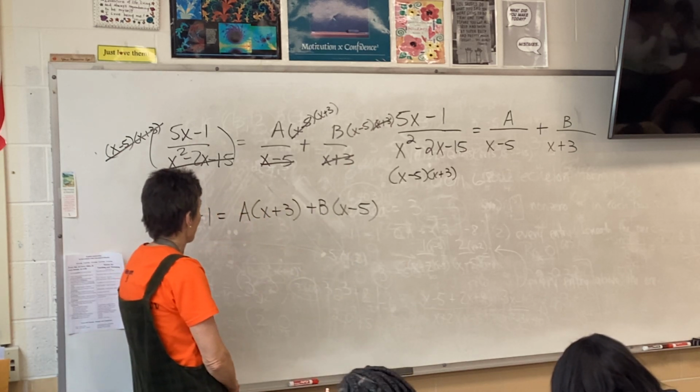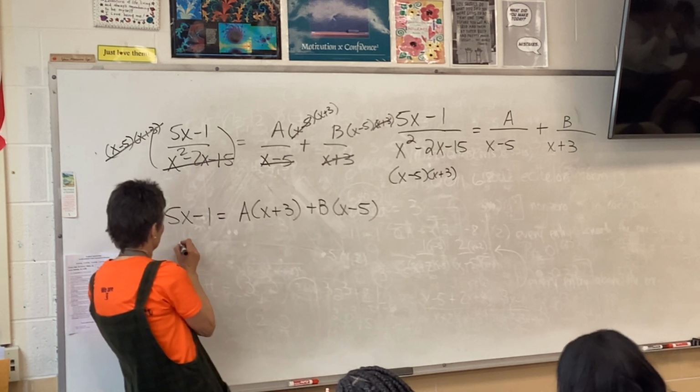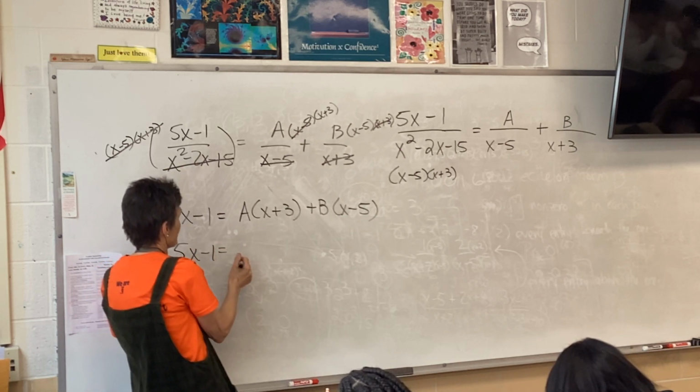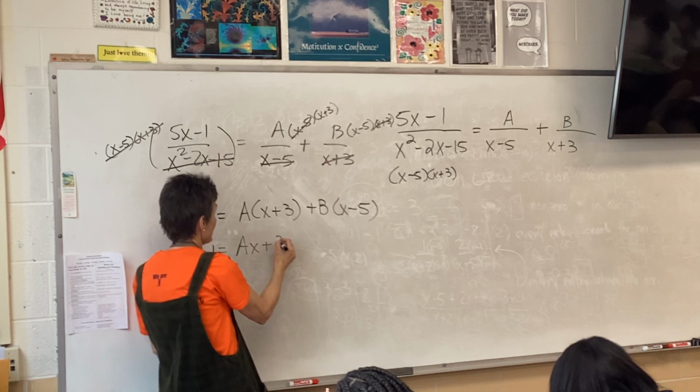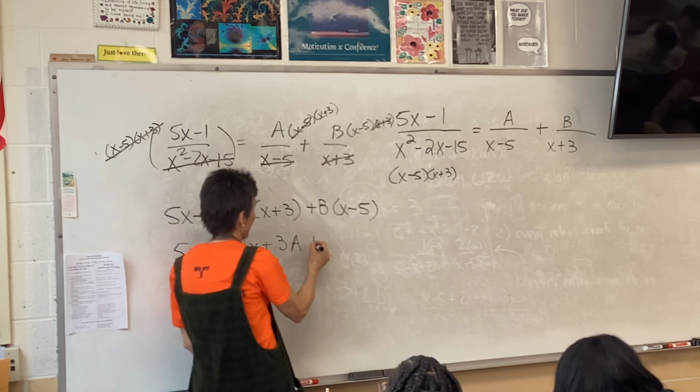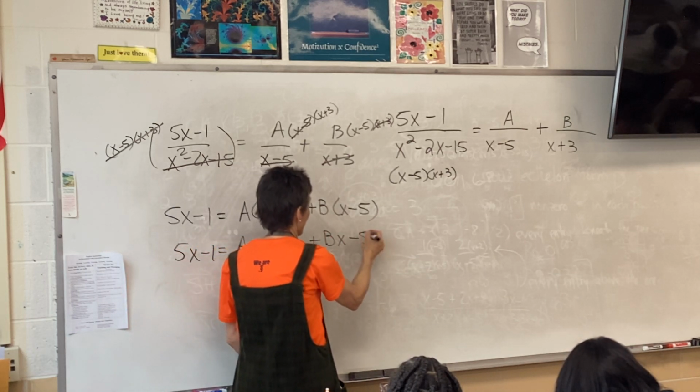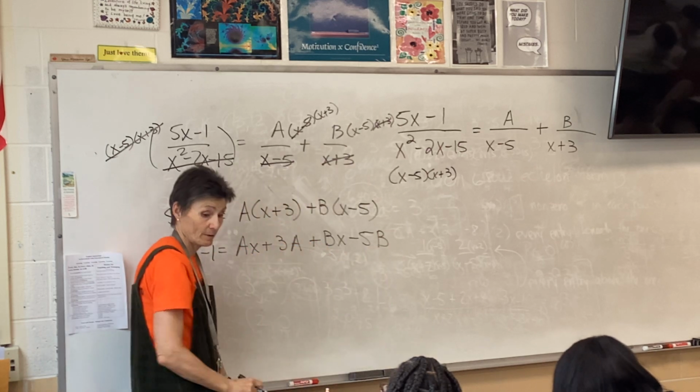Okay? Now let's distribute all that. So we have ax plus 3a and bx minus 5b. There's a lot of variables in that problem.